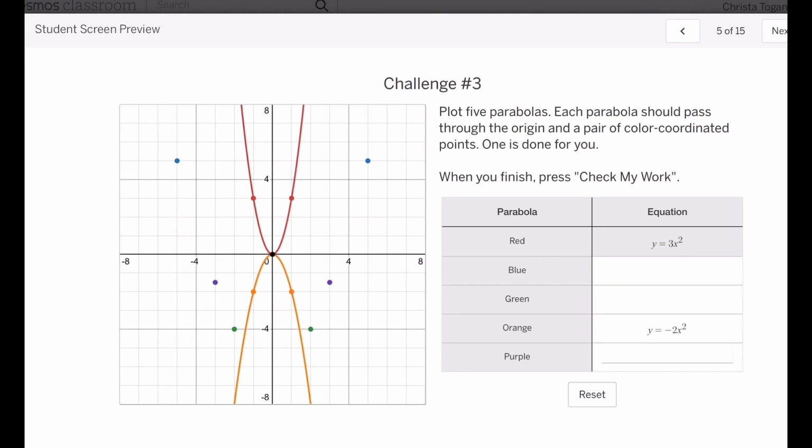Okay? You have to figure out which one is the green one. Okay? I am going to do the blue one, and then you have to figure out the purple one. So you have to notice that the red curve, the red parabola, is similar to the orange one, yet it's a negative in front of it. Think about that.